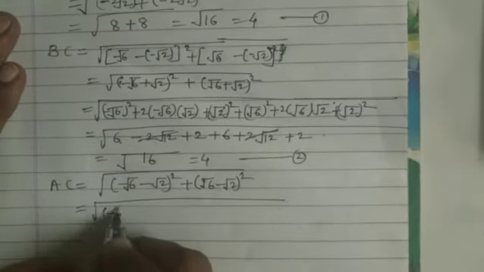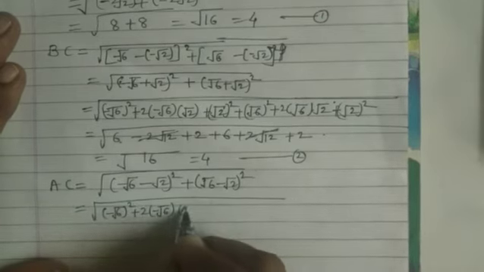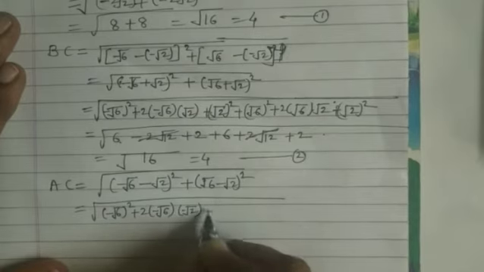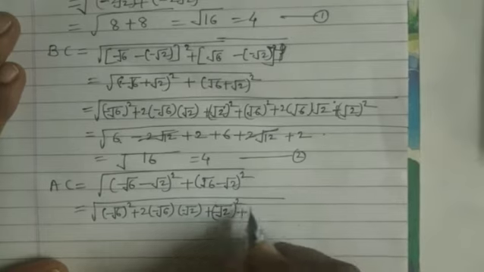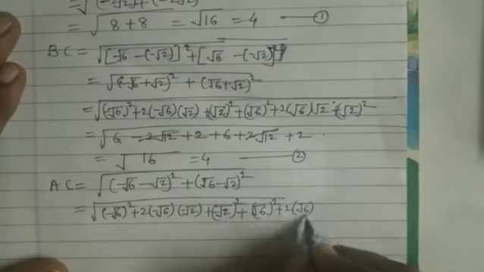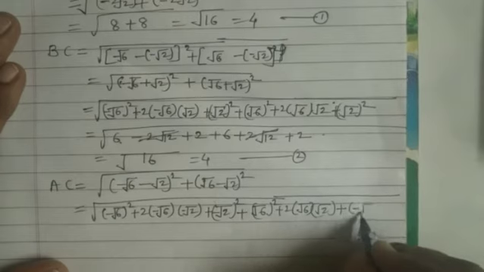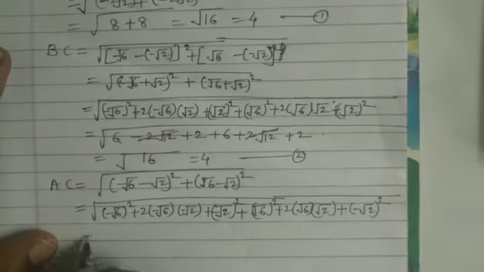First term square means minus root 6 square plus 2 into minus root 6 multiplied by minus root 2 plus minus root 2 square, plus again here we use the formula root 6 square plus 2 into root 6 into root 2 plus minus root 2 square.